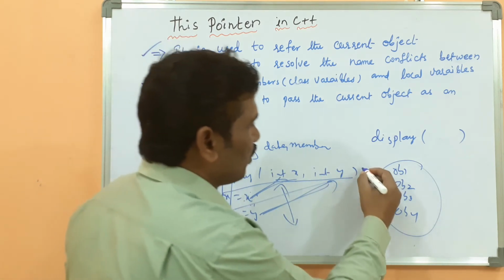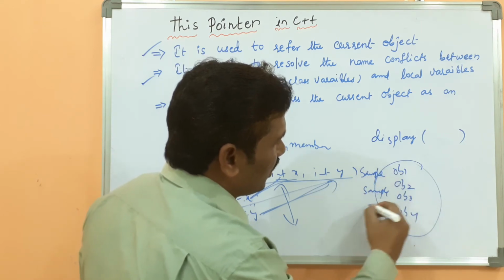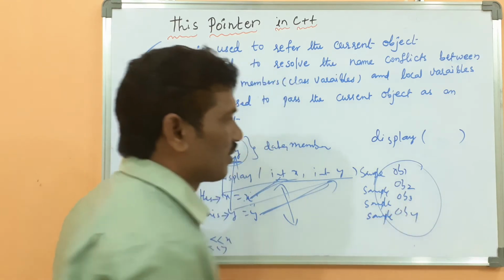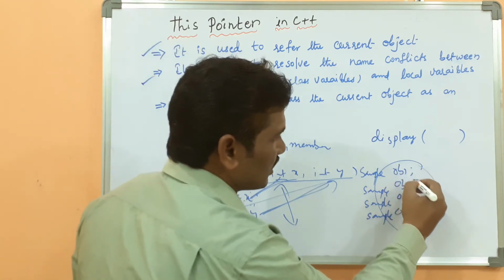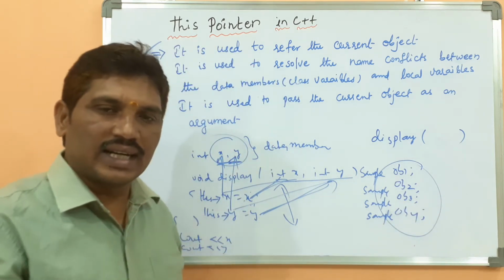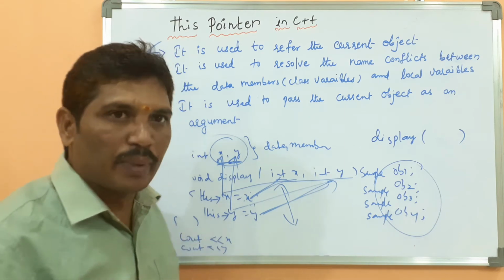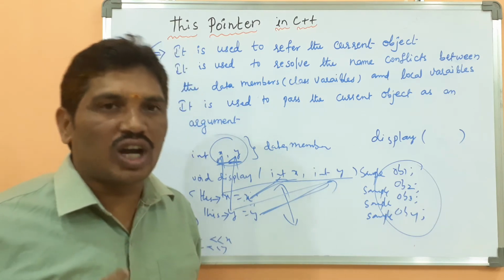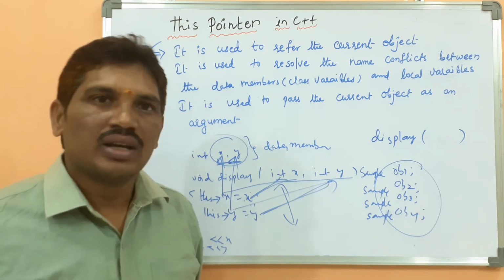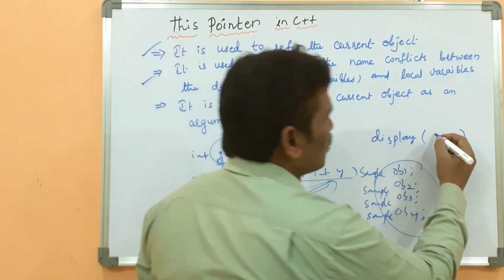For a class example, sample: Sample OB1, Sample OB2, Sample OB3, Sample OB4. I declare the class sample, and I create four objects of the class sample. But how do you pass the current object to a particular function? Instead of OB1, OB2, OB3, I don't want to use the object name, just use the this pointer, just write this.